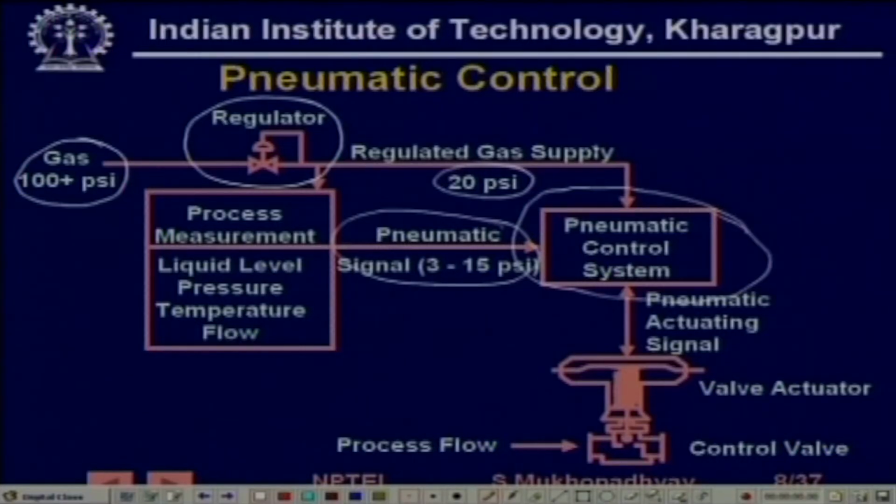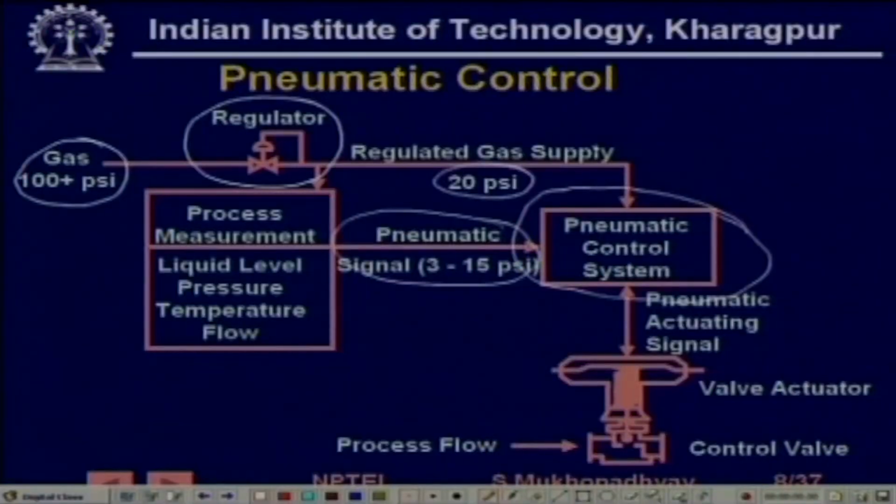This control system will consist of various direction control valves and pneumatic logic valves, which we will see in the next lesson. And finally, from the pneumatic control system, using this regulated gas supply, the actuation signal is given.